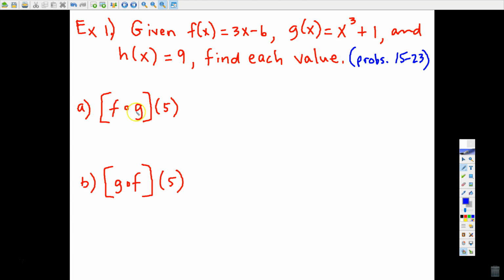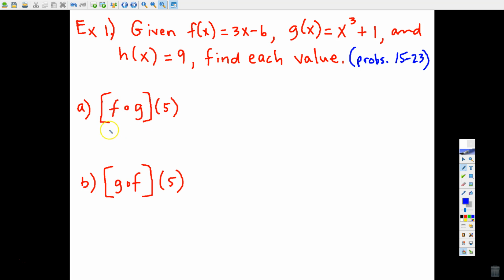Here we're looking at a different way of expressing a composite function. This is the way your book shows it, and some books vary on how they show it. This little symbol here, it's not a 0 and it's not the letter O. This does not say fog. It's the symbol for the composition of these two functions.